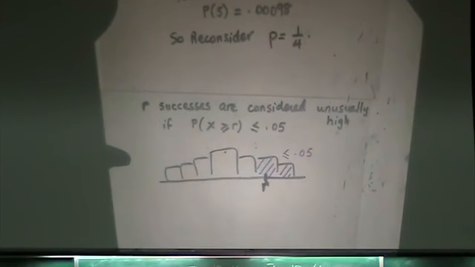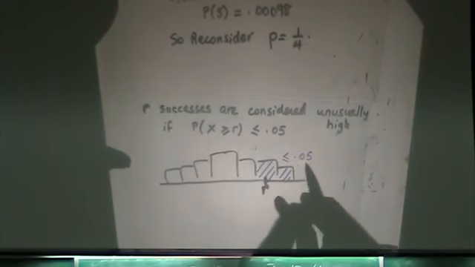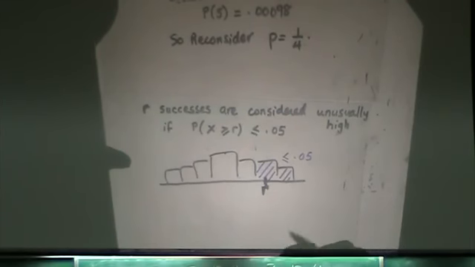Meaning, if R were already in the tail of the distribution, then R would be considered unusually high. Meaning the probability of being even worse than R or worse, it's like p-value, right? Probability of R or more, if that probability were very small, then R would be considered unusually high.